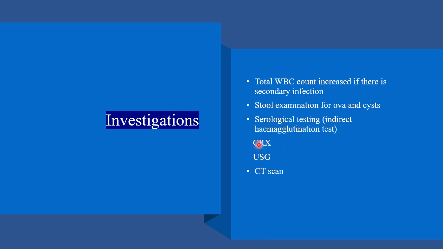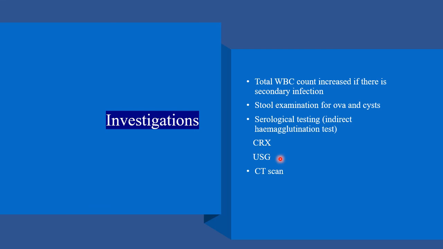Chest X-ray, as I've explained, will show an elevated diaphragm and some lung changes if there are any. So it also becomes a very important investigation. Ultrasound scan is another important and vital examination that must be done for all patients suspected of liver abscess.